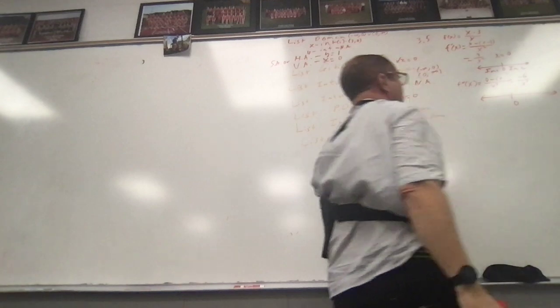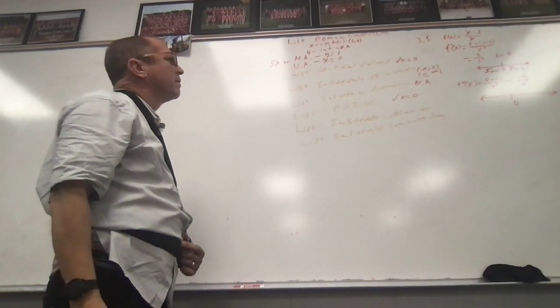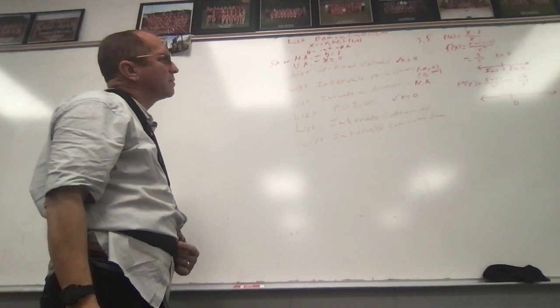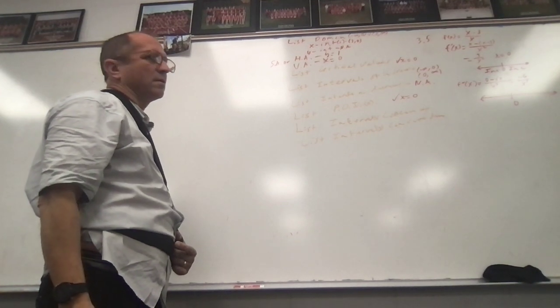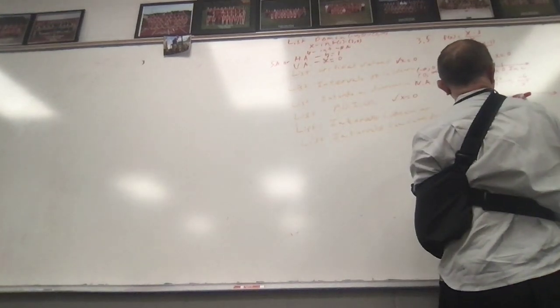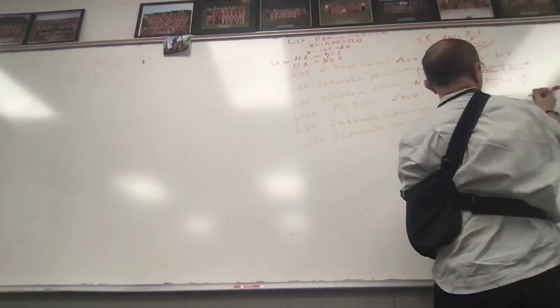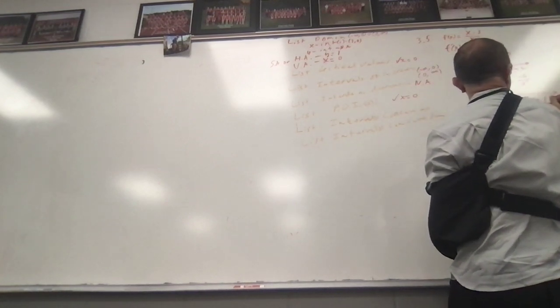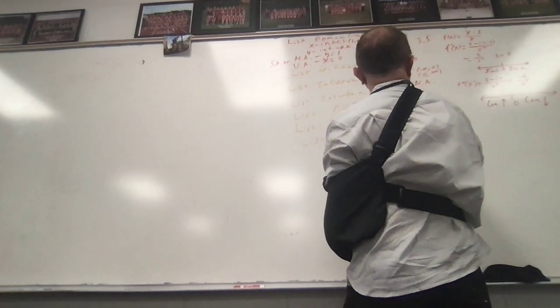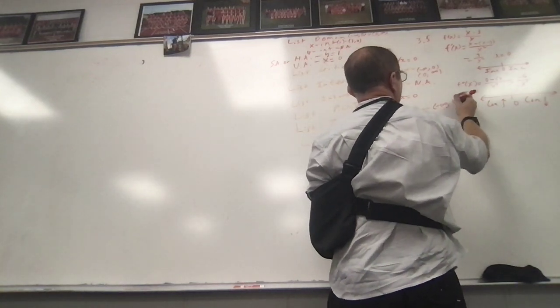Now, what happens here? If I plug in a negative, I get a positive, right? So I'm concave up. And then if I plug in a positive number, I get a negative, so I'm going to be concave down. So my interval of concave up is negative infinity to 0.